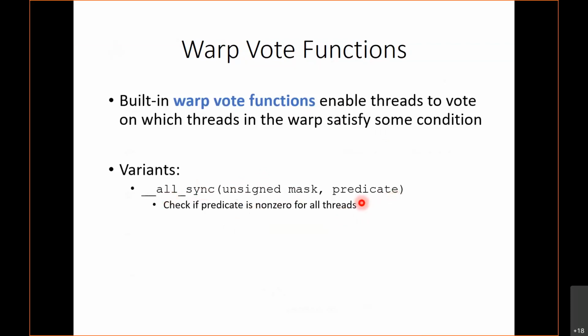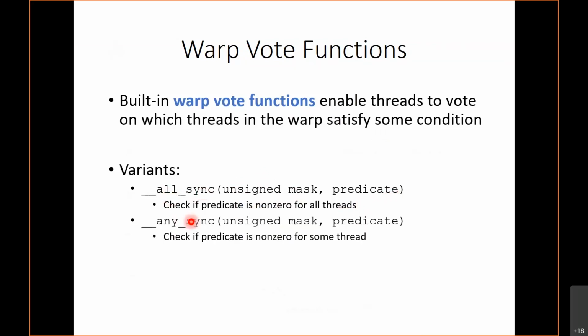So it checks if all threads in the warp satisfy some condition. There's any sync, which also takes a mask of participating threads and a predicate, and checks if at least one of the threads satisfies the condition, or if the predicate is non-zero for some thread in the warp. So here we check if all the threads satisfy some condition. Here we check if any of the threads satisfy some condition.